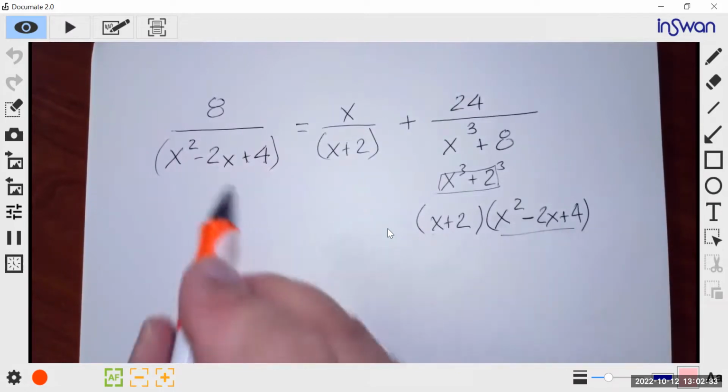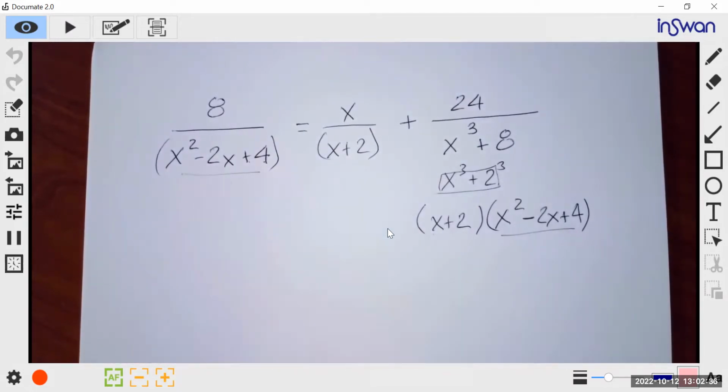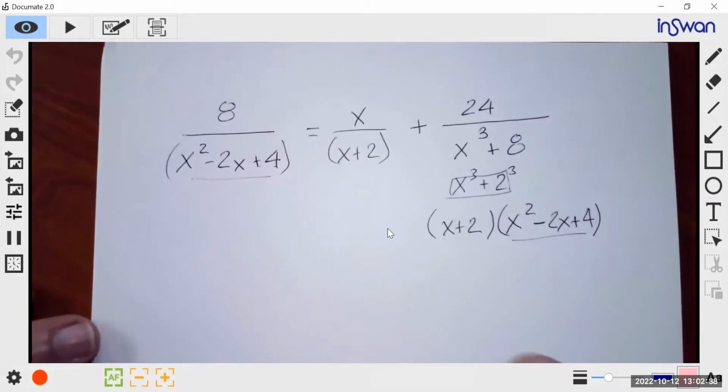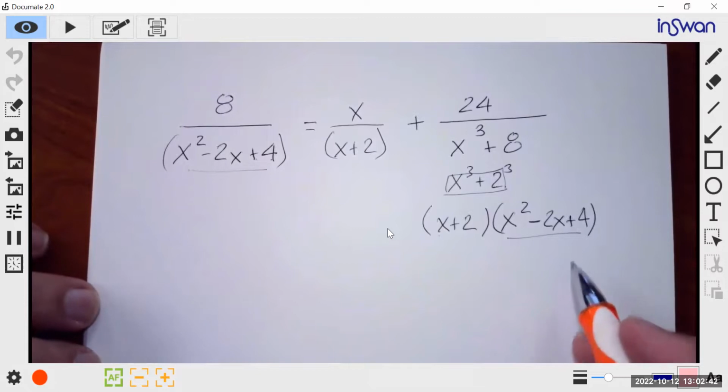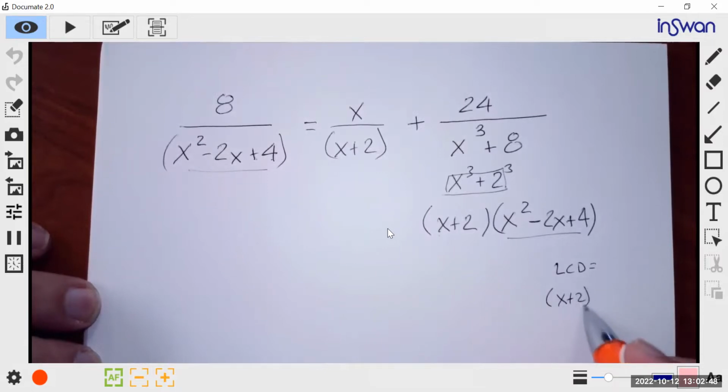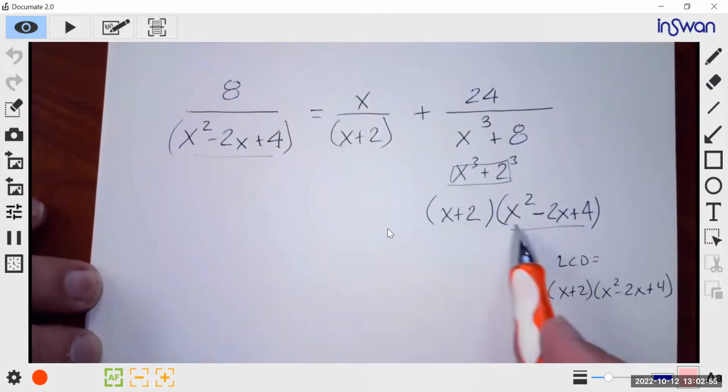You notice how this one looks like that one. So the LCD is x plus 2, x squared minus 2x plus 4.